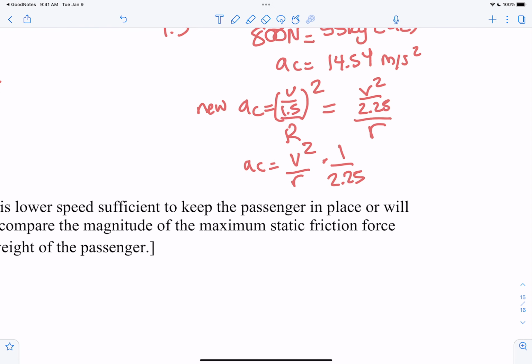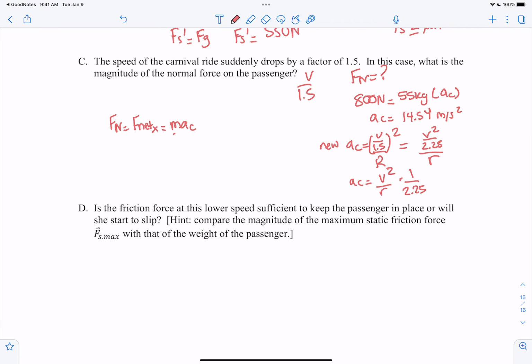Once we have that centripetal acceleration figured out from earlier, that 14.54, we can divide it by 2.25, and for our new centripetal acceleration, it should be around 6.46, I think, meters per second squared. So that's our new centripetal acceleration.